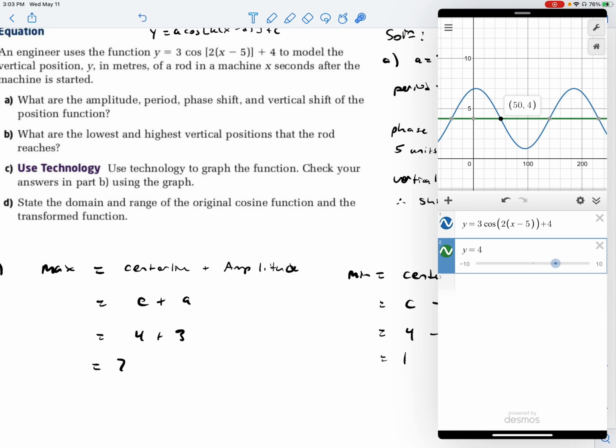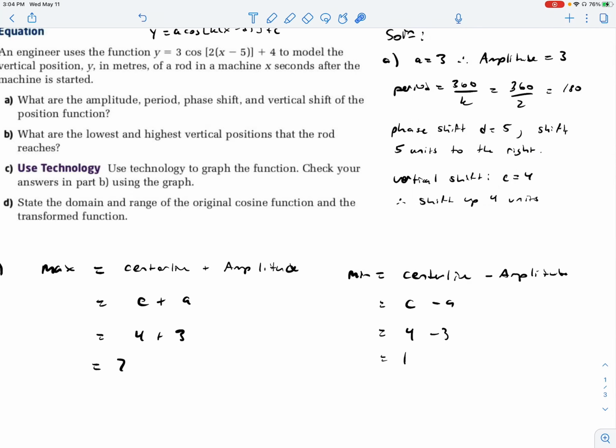So when I do this calculation here, the center line is at 4, and I know the amplitude is 3, so if I just add 3, I get my maximum value, which would have to be at 7. And you can see there's exactly 3 squares till we get to the top from the center line. Same thing with the minimum, we just move 3 down.